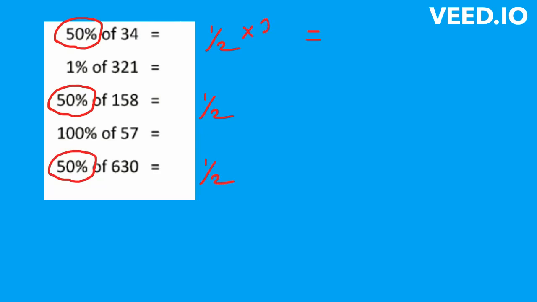So 50% of 34 means half of 34. Half of 158. So whenever you see questions with 50%, the amount is half of the original amount. 100% means the full amount. 100% of 57 is nothing but 57.